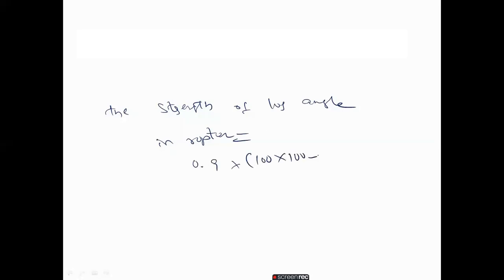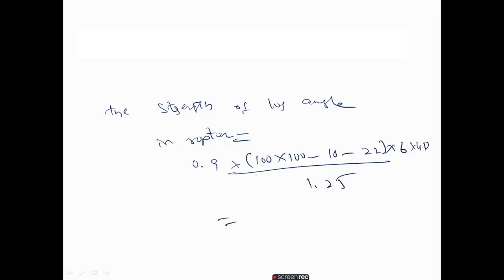Now the strength of the lug angle in rupture, same as in the previous problem. The value is 0.9 times 100 minus the thickness as well as the hole diameter, multiplied by 6 as the thickness, then 410 as the Fu value by 1.25.